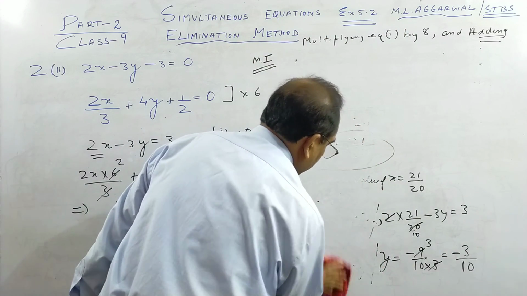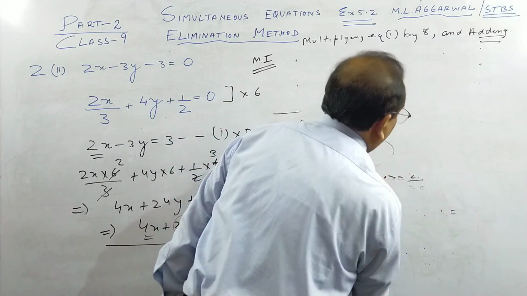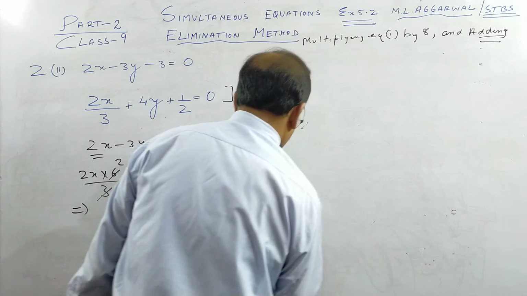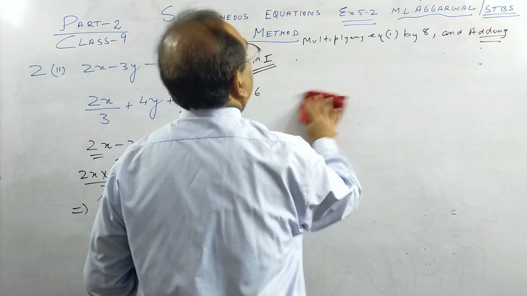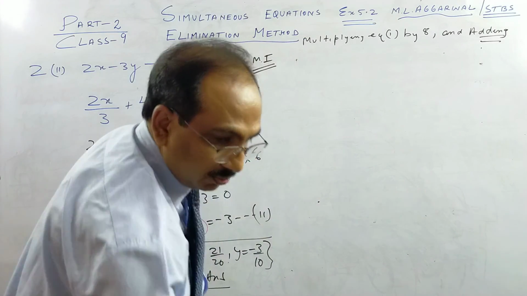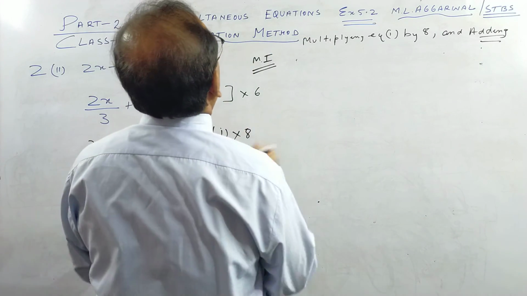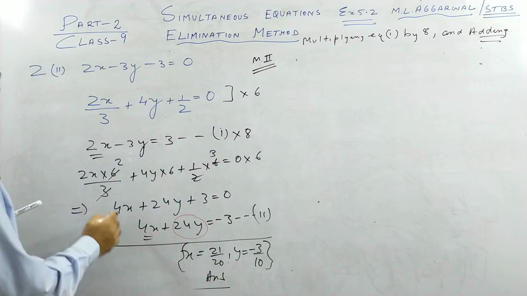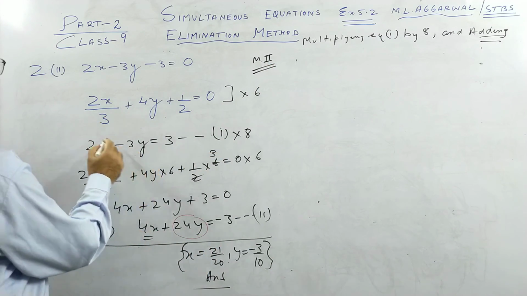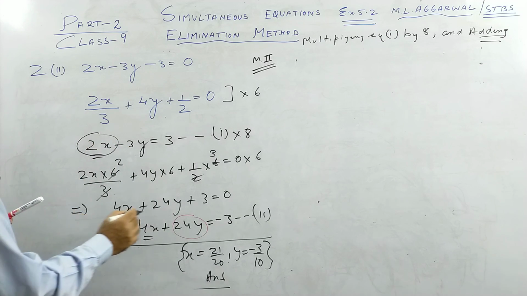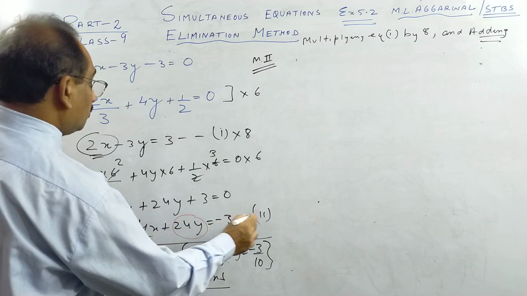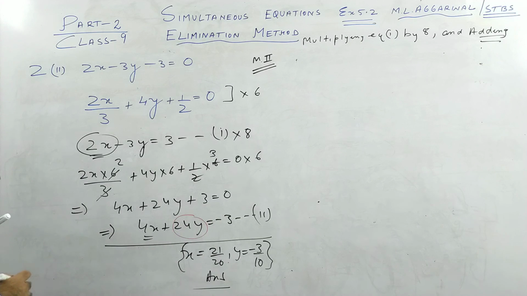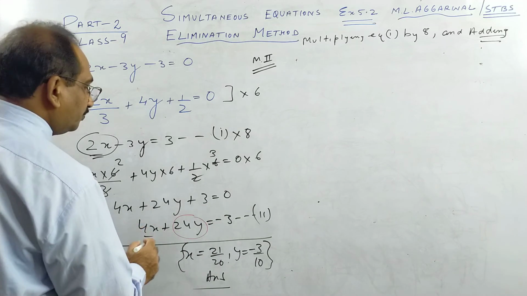In short, method 2, all are not going to solve. I will make x equal, see equation 1 and equation 2. So this was my equation 1 and this is my equation 2.